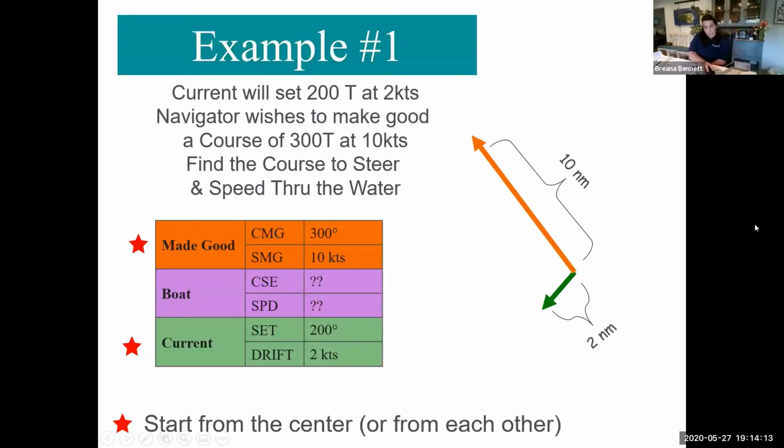We have a little animated version here. We have our 10 nautical mile line, because that's 10 knots in the direction of 300, and then we have our current. We connect those lines to get what our boat is, and we measure that about 10.6. So we could fill in the missing pieces to our table.